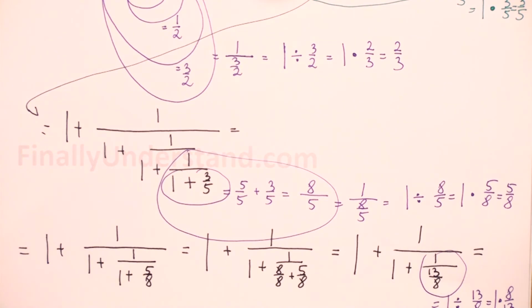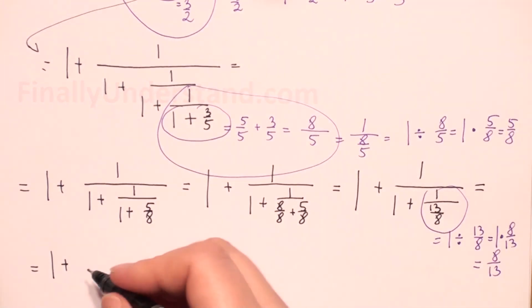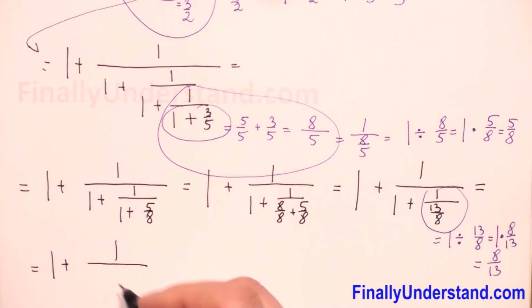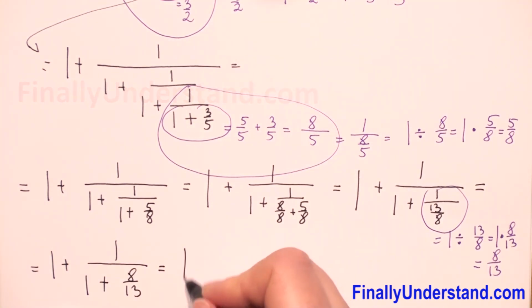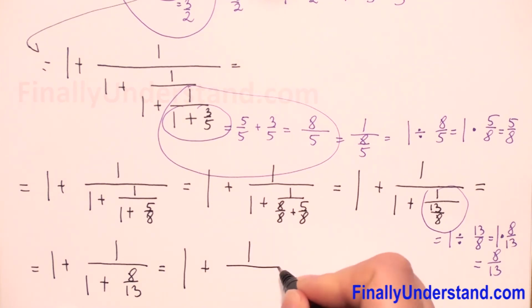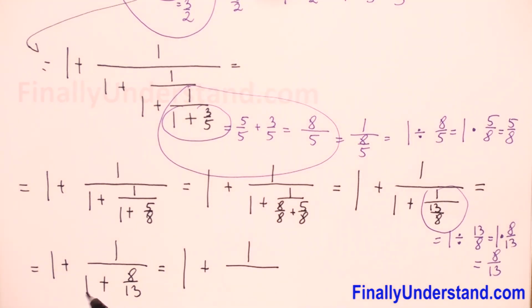So we copy 1, and we have 1 over 1 plus this whole expression, which is 8 over 13. So this is equal to 1 plus 1 over, now we have to do the addition first. 1 we can rewrite as 13 over 13 plus 8 over 13. Why 13?